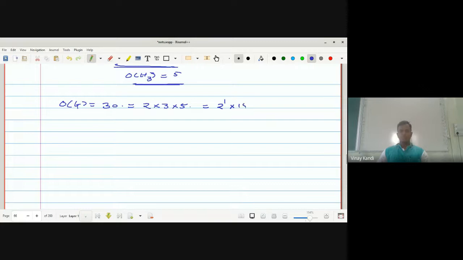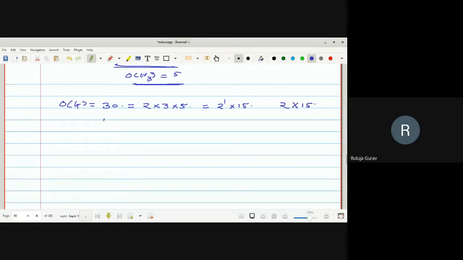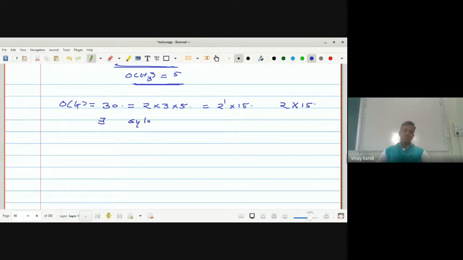2 does not divide 15. So there exists a Sylow 2 subgroup of order 2. Tell me quickly, I still have to finish 2 theorems.